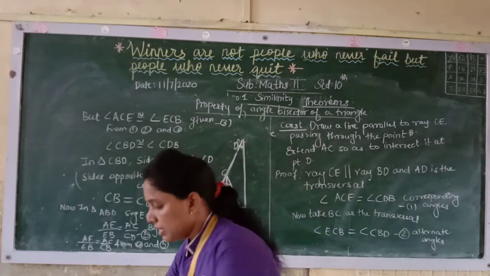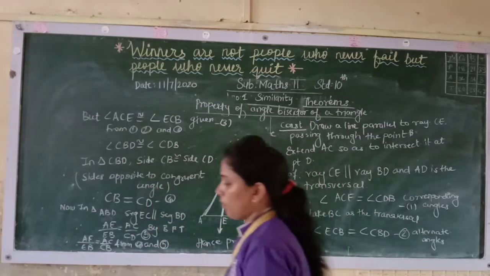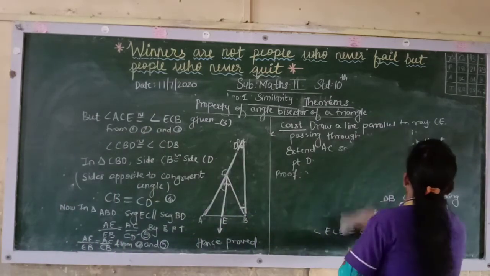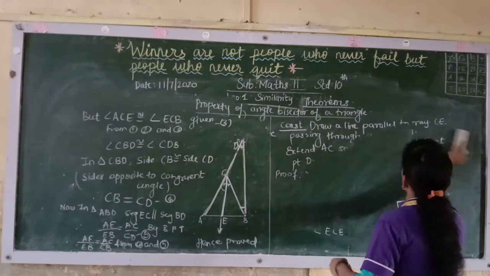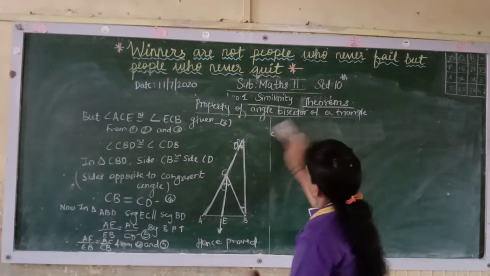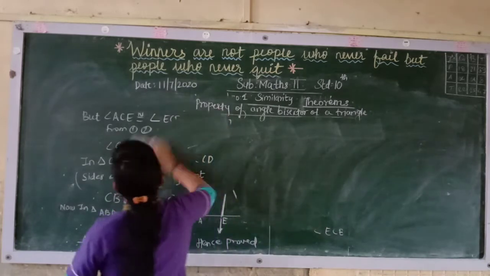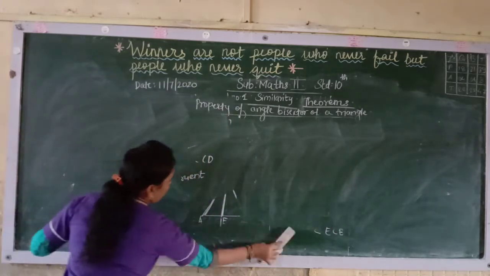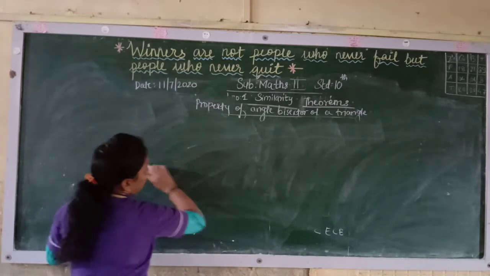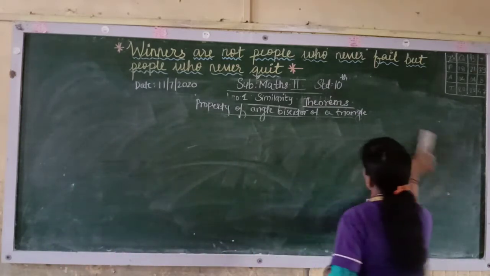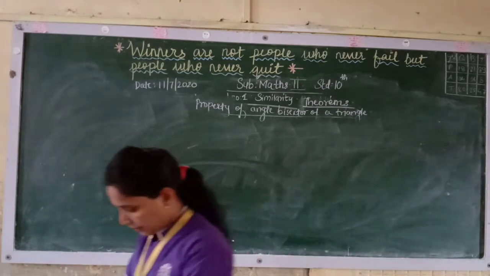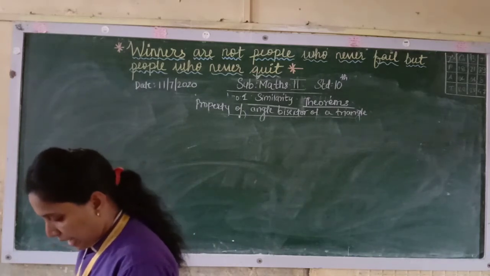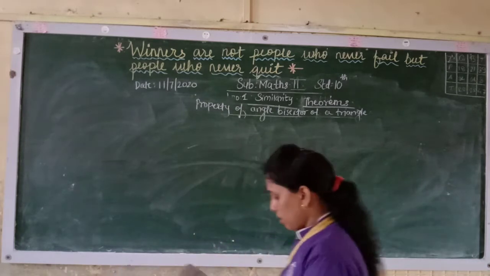Now we will see the property of three parallel lines and their transversal.